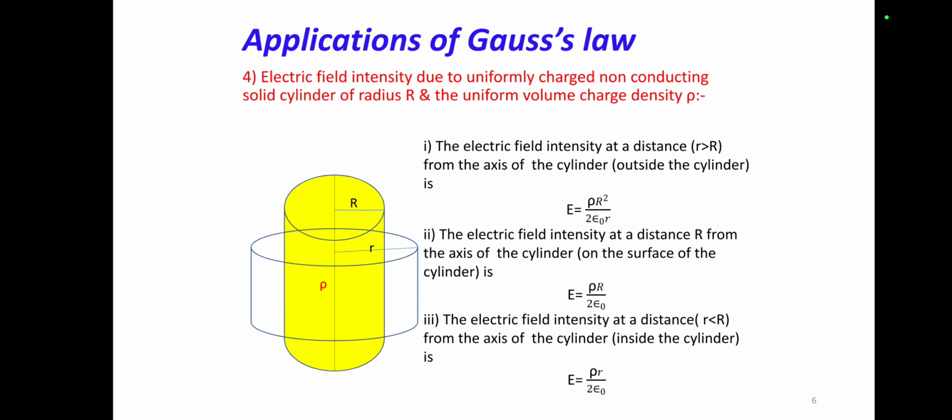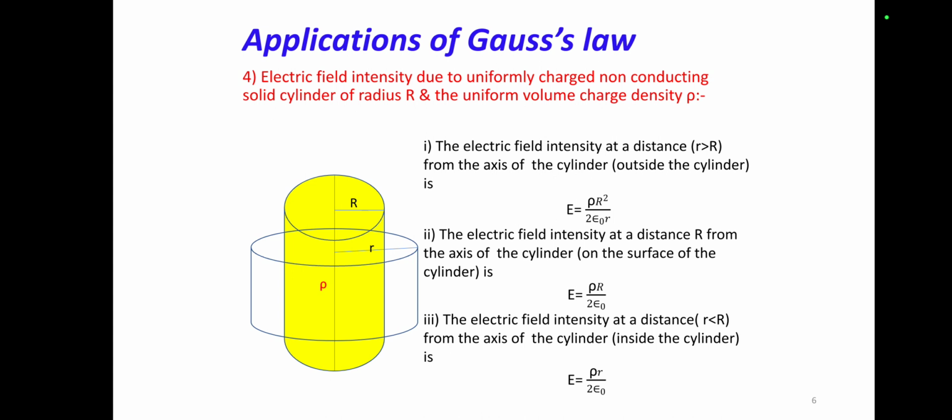So in this figure the non-conducting solid cylinder is shown in yellow color, which has the radius capital R. The Gaussian surface has radius small r, and rho indicates the volume charge density here.